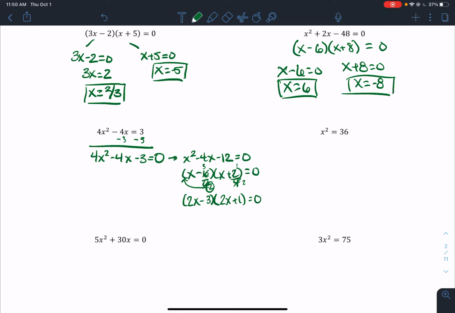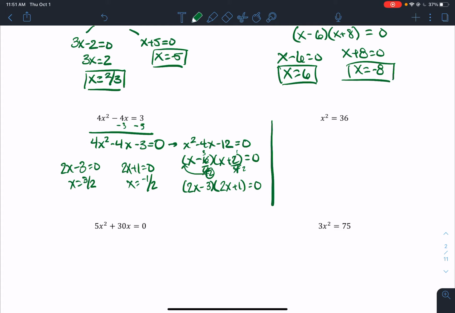Negative 3 times 2 is negative 6, positive 2, that makes negative 4, that makes negative 3, cool. So therefore, 2x minus 3 equals 0, x equals 3 halves, or 2x plus 1 equals 0, so x equals negative 1 half. Sometimes when that a value is annoying, I'll do that trick.